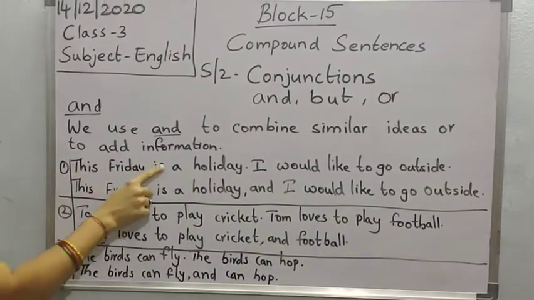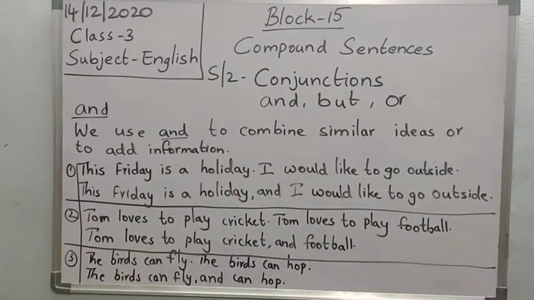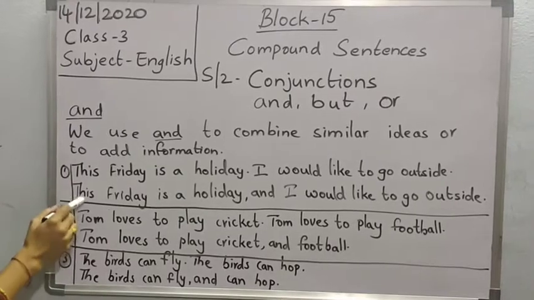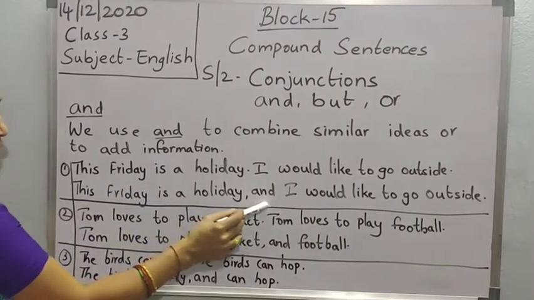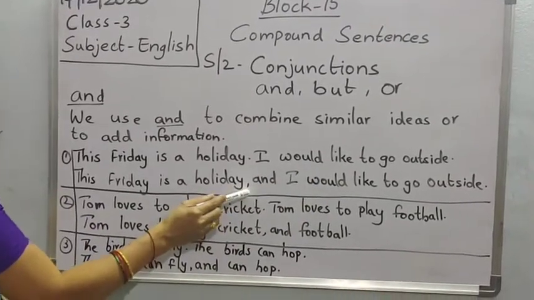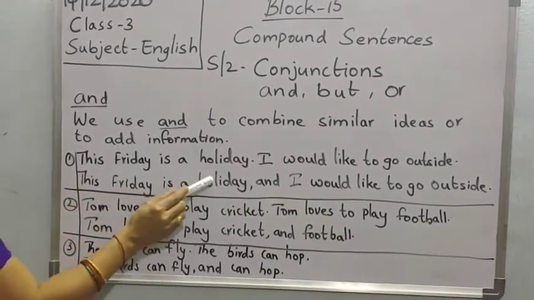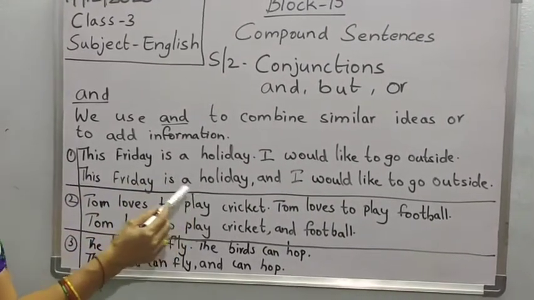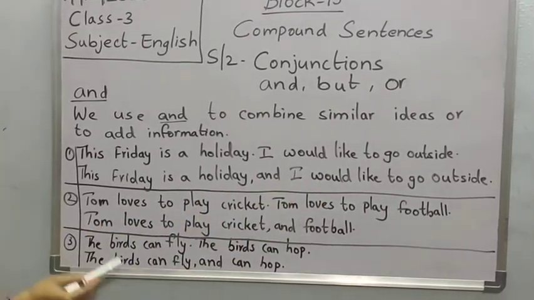So how do we use and here? This Friday is a holiday, comma, and I would like to go outside. See, before the conjunction we have to write a comma. I am adding more information. And I would like to go outside.